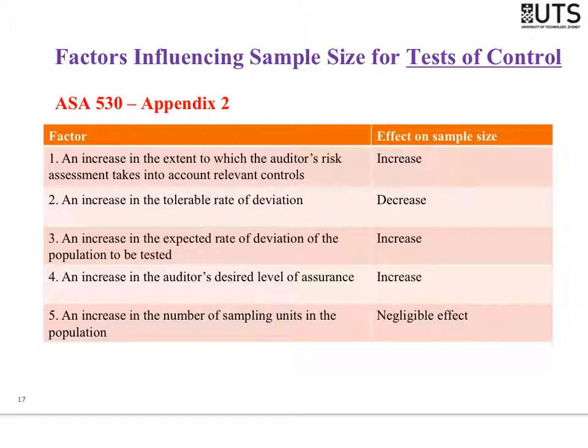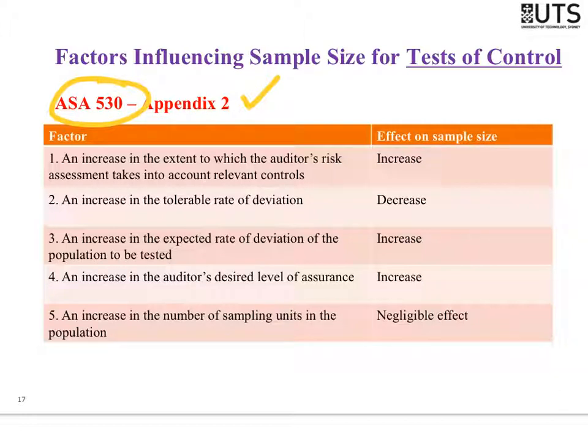Now, I've got good news, ladies and gentlemen. As I noted earlier, ASA 530 is the auditing standard that deals with sampling. If you go to the back of ASA 530 and go to Appendix 2, there's a great table. What that table shows you is, based on a bunch of different factors, what the effect is on the sample size, and it also explains why.